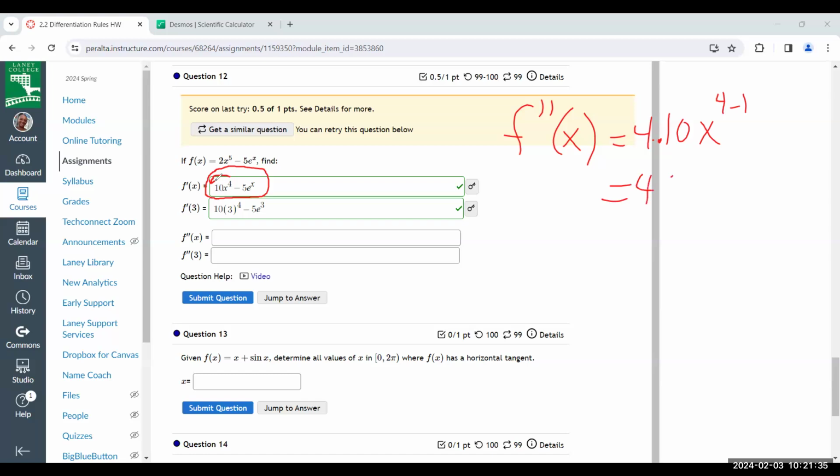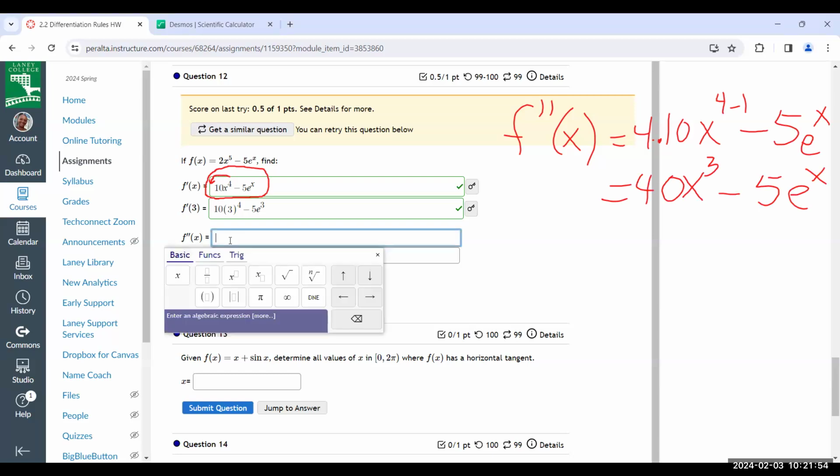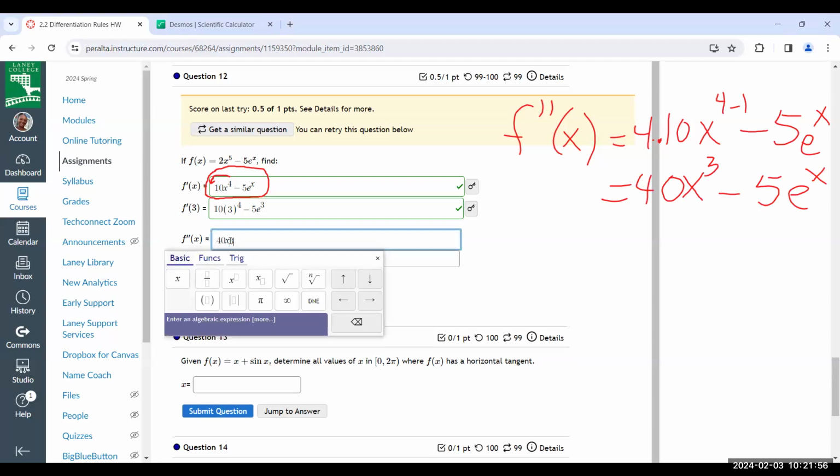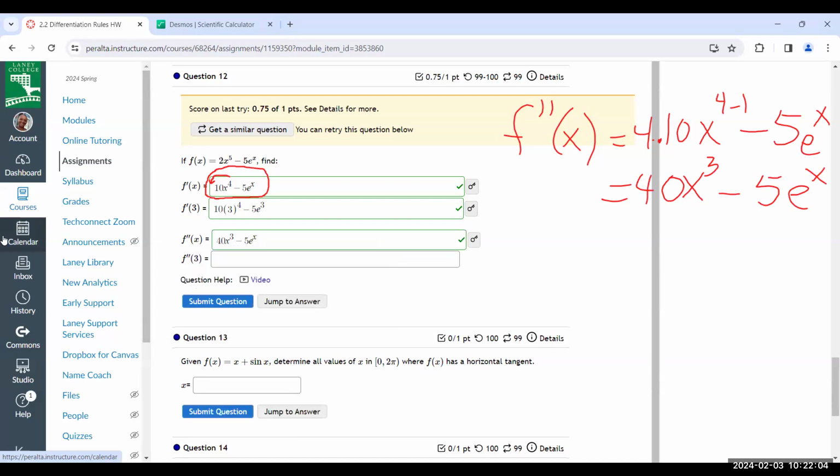So if you're doing it in your head, you went straight to 40x cubed. And then minus, and then the e to the x part, again, that's the nice one. We don't have to do anything to that because the derivative of e to the x is just e to the x. So we end up with, for our second derivative, 40x cubed minus 5e to the x.